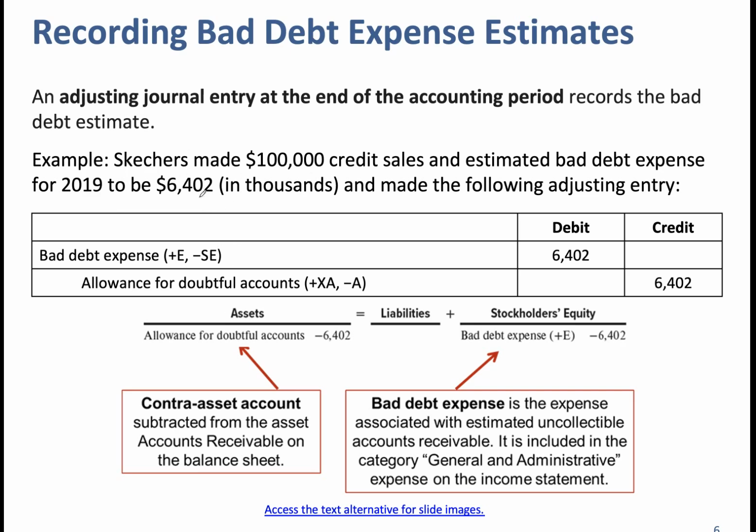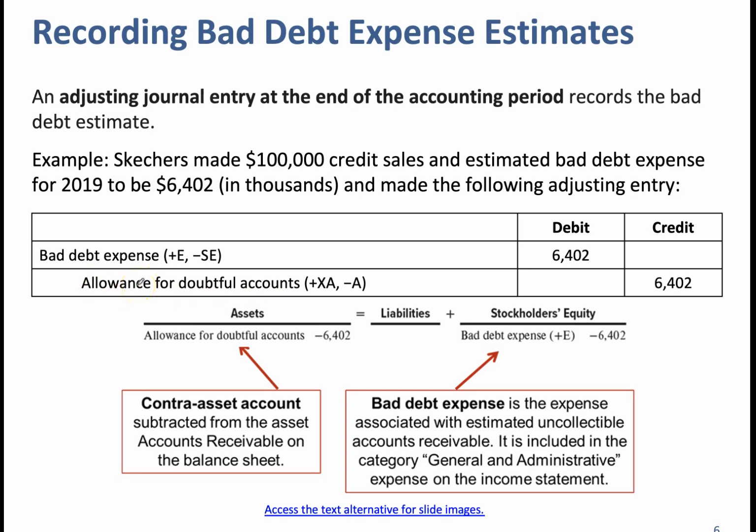How we arrive at 6,402 is the next question that I will discuss. For now, take it for granted that $6,402 is the amount that's estimated, regardless of the method. So you would debit bad debt expense for 6,402, and you would credit something called allowance for doubtful accounts. Basically, allowance means the money that we set aside.